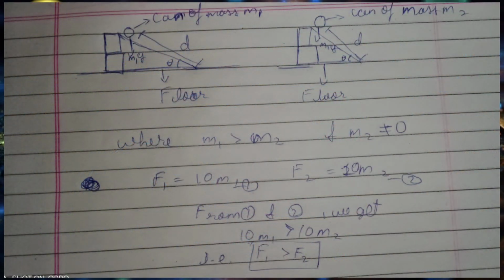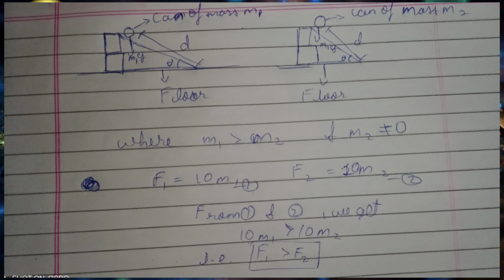Let us take an example on the basis of the previous activity. For example, the filled can has a mass m1 and the empty can has a mass of m2, while the mass m1 is greater than m2.